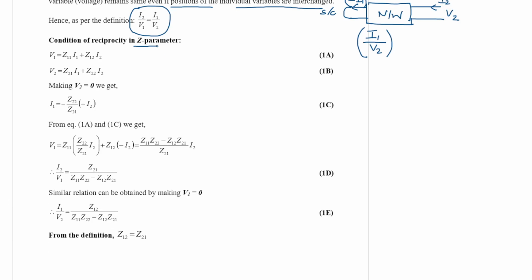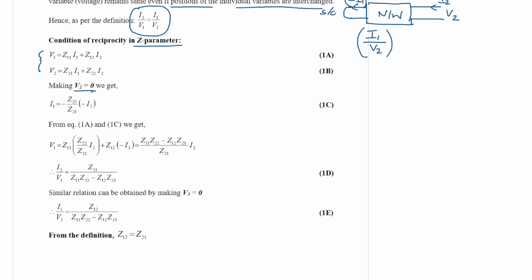So these are the fundamental equations of Z parameter. V1 is equal to Z11 I1 plus Z12 I2, and V2 is equal to Z21 I1 plus Z22 I2, as per equation 1a and 1b. Now as per the standard process, we make V2 equal to 0.